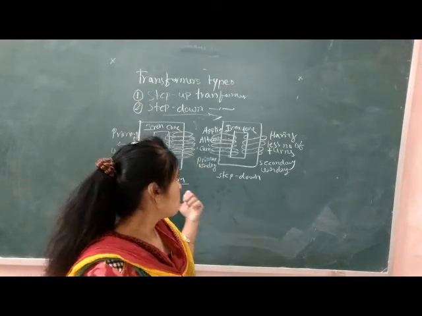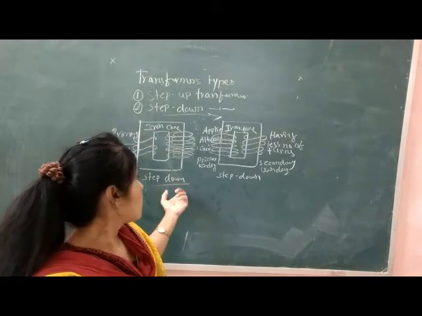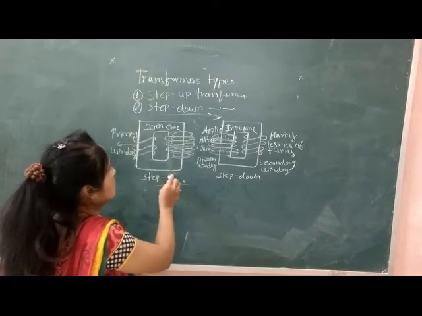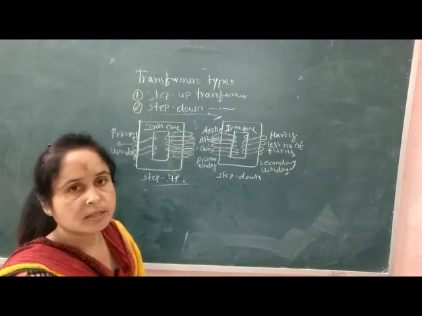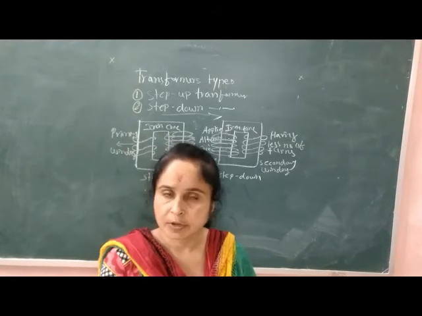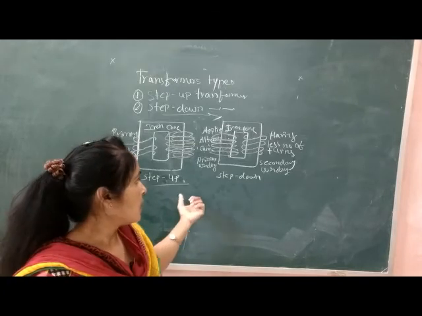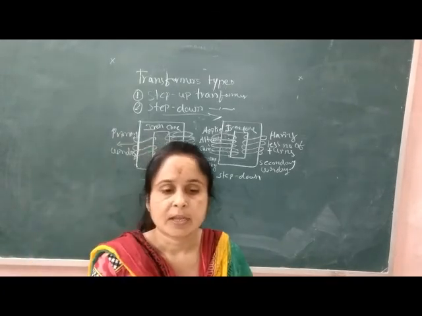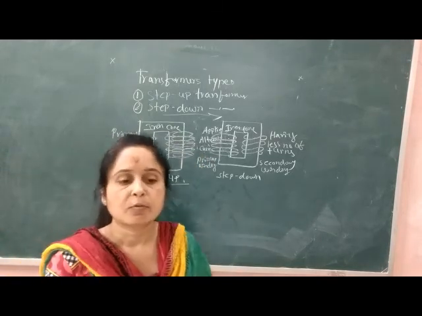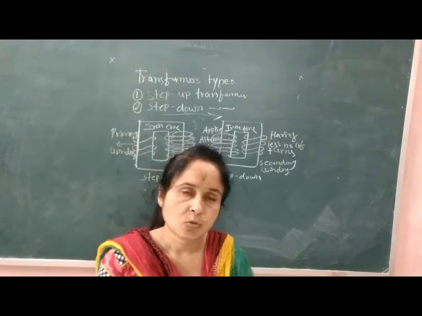In this way, we conclude how the step up and step down transformers work. These reversing processes are generated from the primary winding to the secondary winding side. In this way, we can prove how these two transformers work. So, thank you.